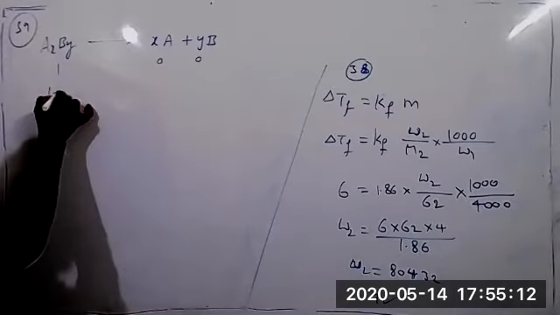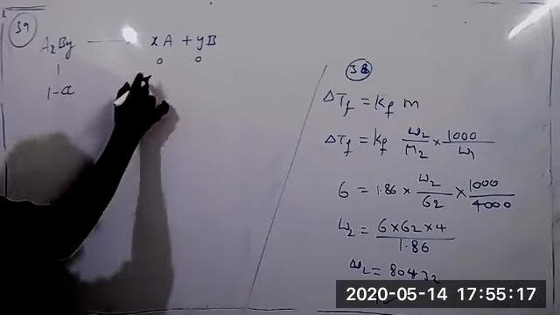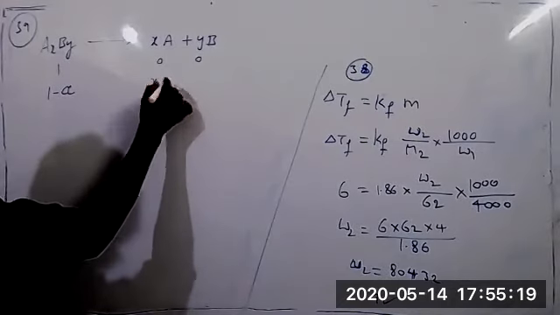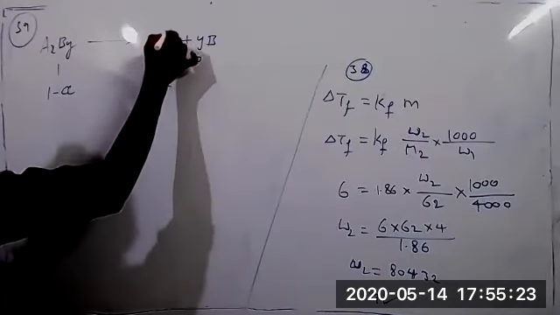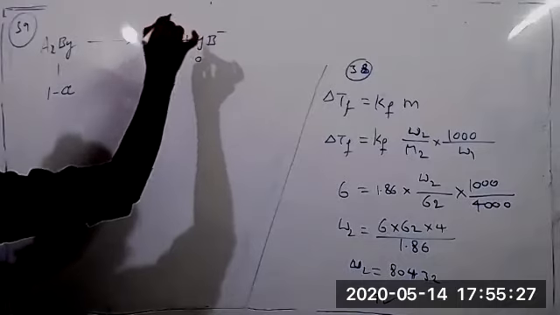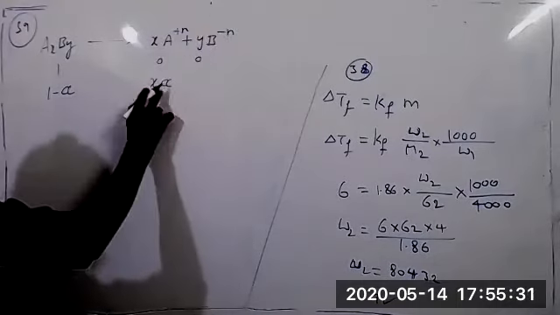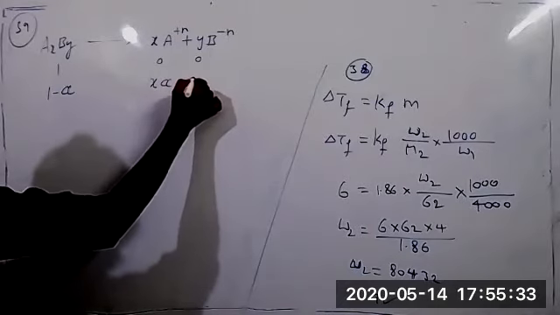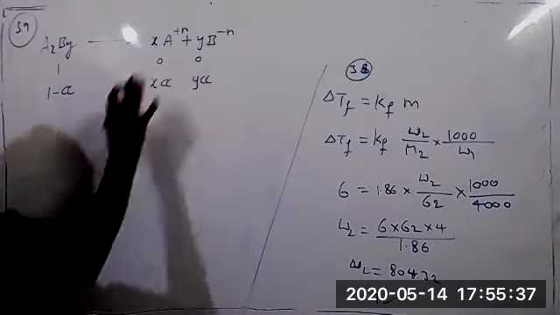After dissociation it means 1 minus alpha, where alpha is the degree of dissociation. So here x alpha amount of A is obtained, and y alpha amount of B, the negatively charged anion, is obtained.